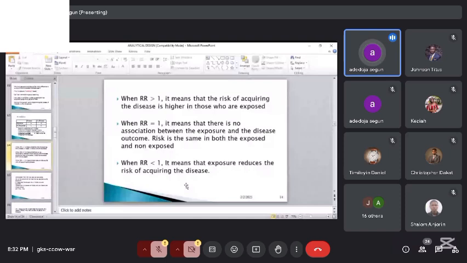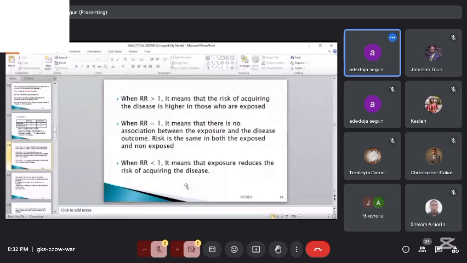Then when the relative risk is equal to 1, there is no association at all between the exposure and the disease outcome, which means the outcome remains the same. Risk is the same in both the exposed and non-exposed. But if the relative risk is less than 1, it means that exposure reduces the risk of acquiring the disease.